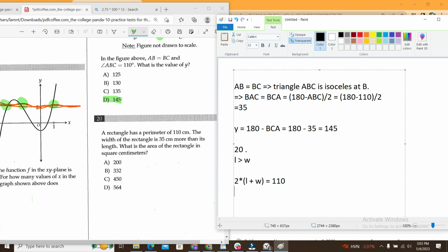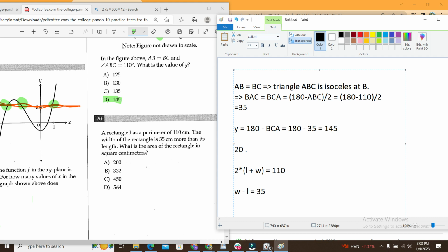So in this case, the width is 35 centimeters more than its length. It's kind of crazy, but whatever. You don't have to have a length bigger than width. We just need this equation, and we know that the width minus the length is 35.